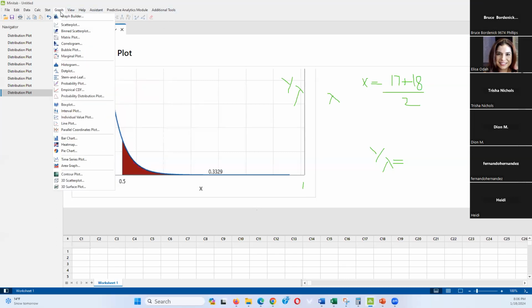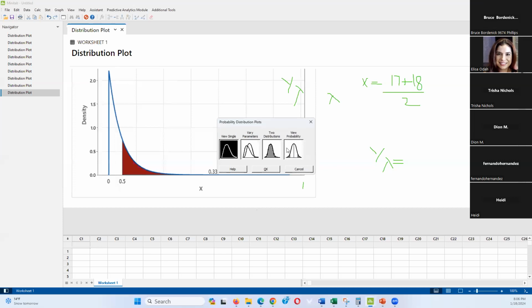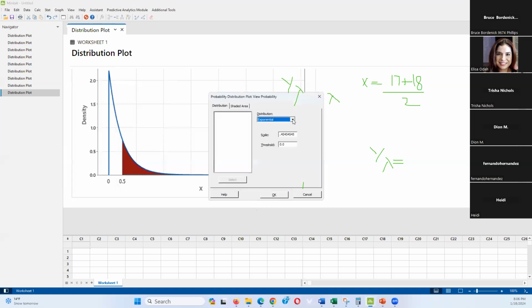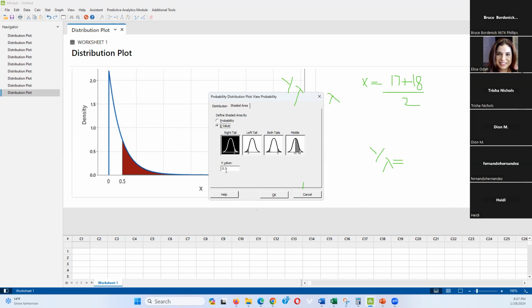You can find the area and probability. Under probability distribution, you can see triangular. You can put A, B, C, like I can put here 20, 30, and 40. And now you can give the X value.